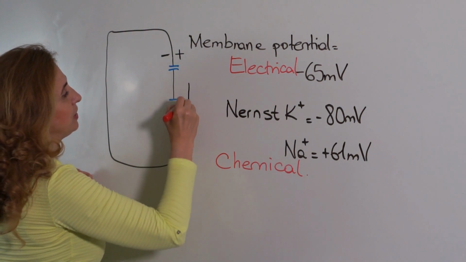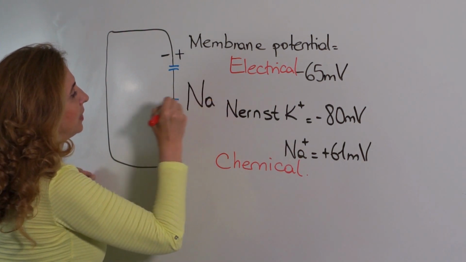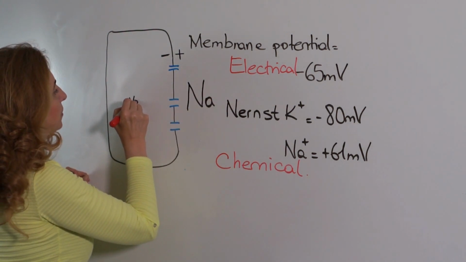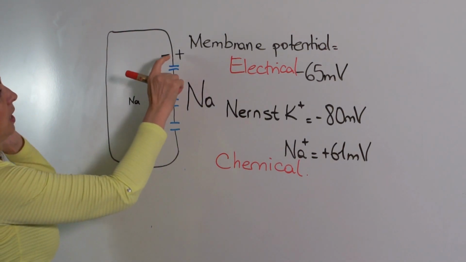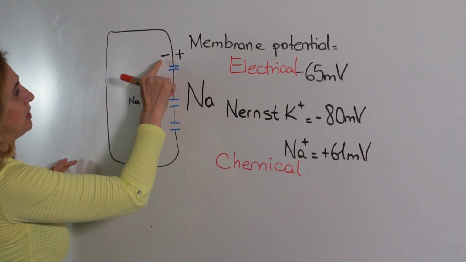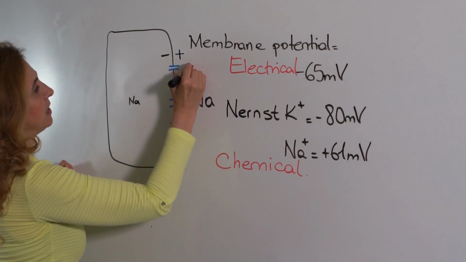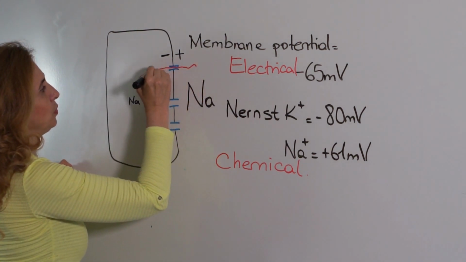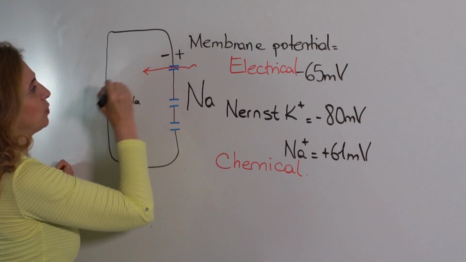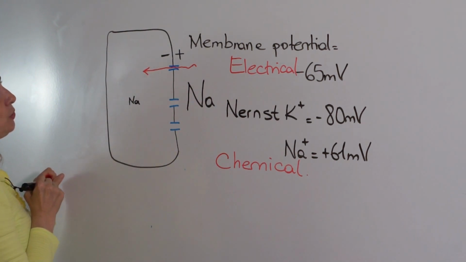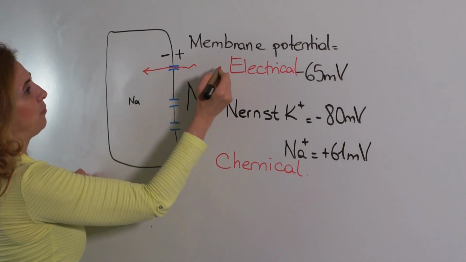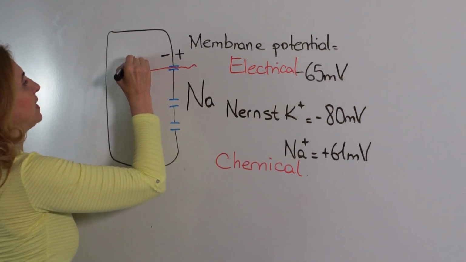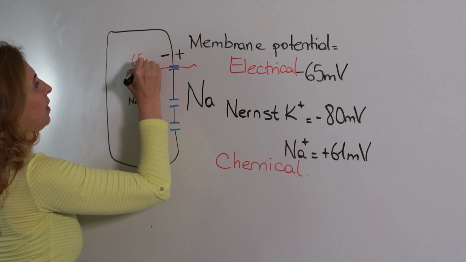Sodium concentration is high outside and low inside. Now, the membrane potential, which is negative on the inside, is going to pull the positively charged sodium ions into the cell with a force of 65 millivolts.